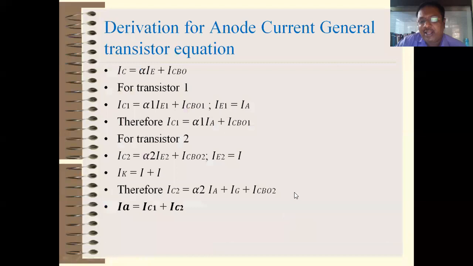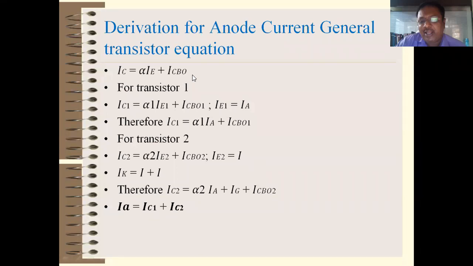Just see, the equations are given in terms of alpha. So IC equal to alpha IE plus ICBO, right? This is basically the collector current of a transistor in common base configuration, right? ICBO is nothing but a leakage current.